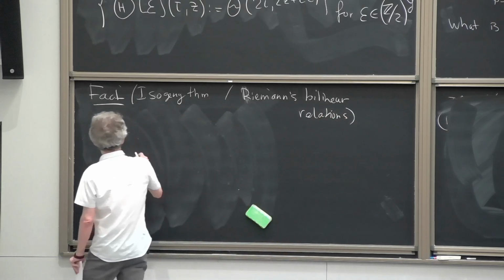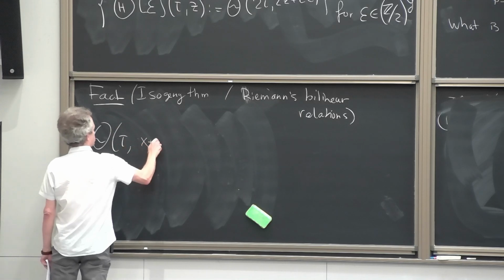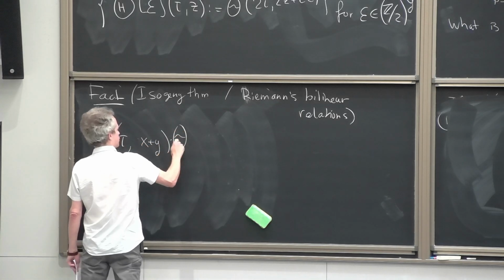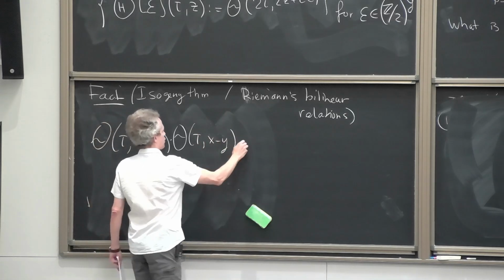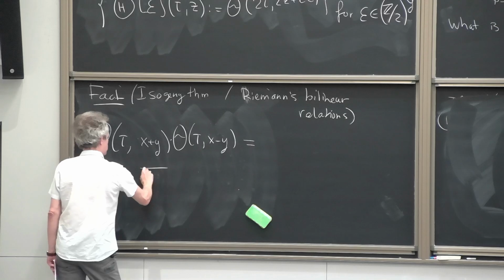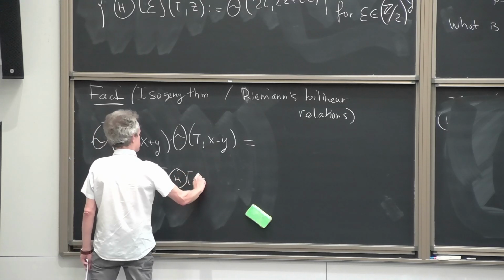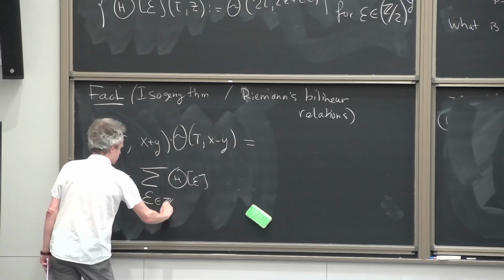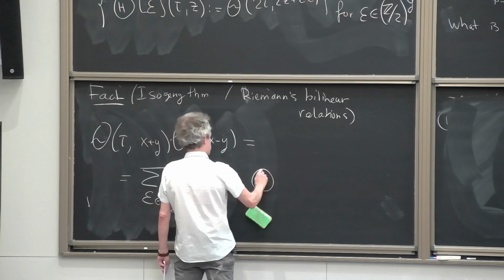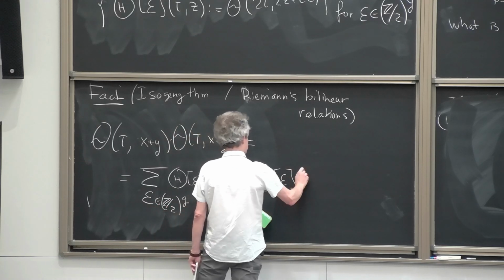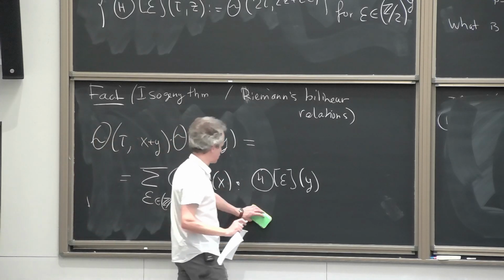It's a formula that says if I take the theta function of tau, x plus y, and multiply it by theta of tau, x minus y, then I get a sum over all epsilon of theta epsilon of x times theta epsilon of y, as above, where the sum is over 2-torsion points. This is called the isogeny theorem, in much more generality.